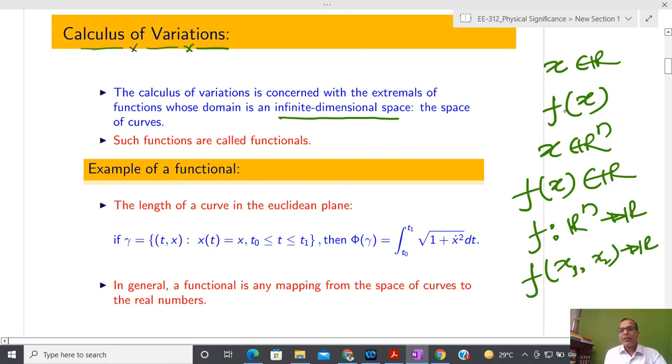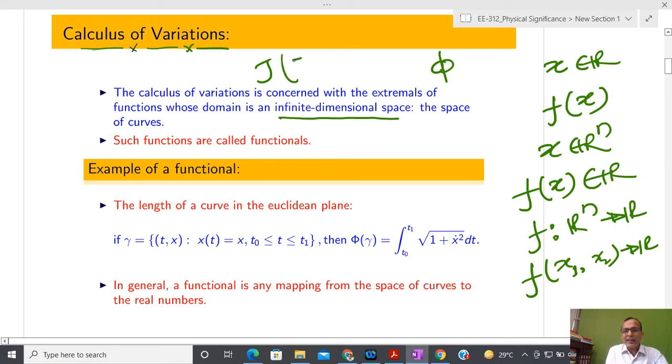Now in the previous class we learned about another kind of function where the argument is again a function. In this lecture I am going to represent that kind of function by phi. If you see the literature, people may represent it by J also.